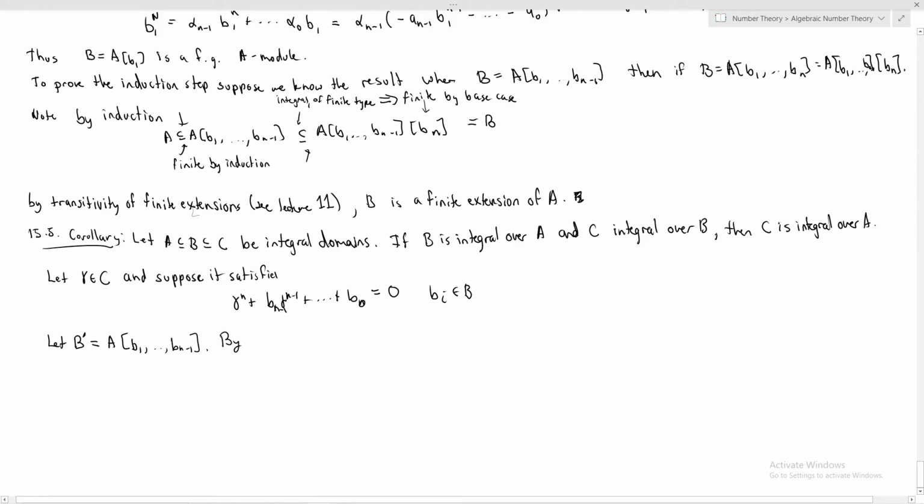By our previous corollary, or by proposition 15.4, every element here is integral over A, and it's finitely generated as an algebra.